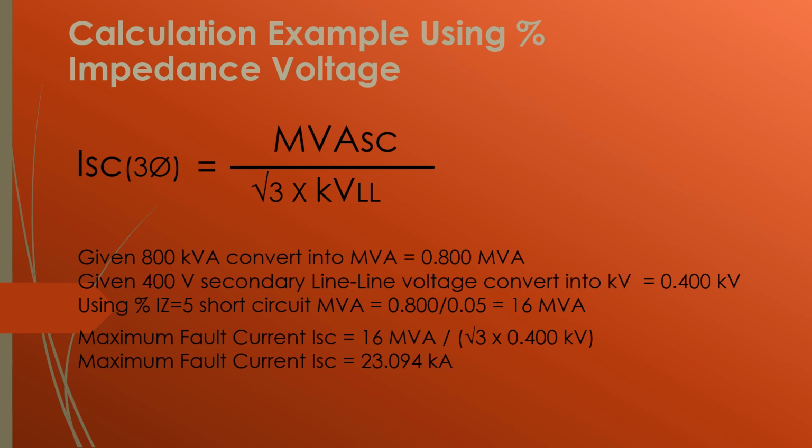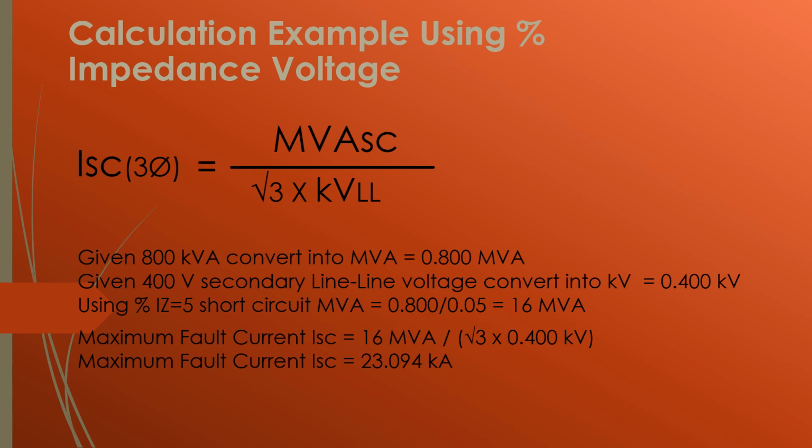We have a given 800 kVA transformer, so converting it into MVA, we have 0.800 MVA. And the given 400 volt secondary line to line voltage, converting into kV, we have 0.400 kV.